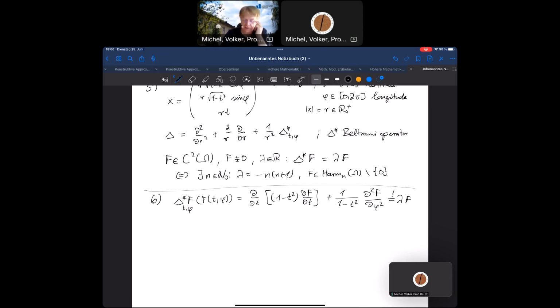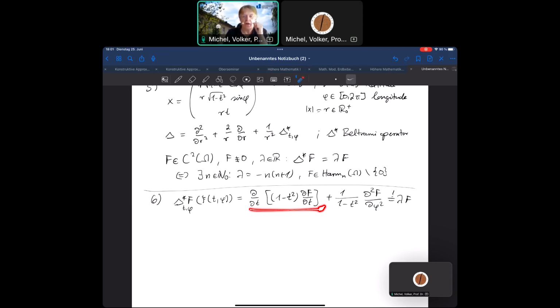Maybe something I could mention about this, because if you look at this operator here, this part which only acts on t, you can apply it certainly also on a 1D function. You can apply it to a function which depends only on one variable. This operator is then called the Legendre operator. You might know maybe the Legendre polynomials, and the Legendre polynomials satisfy a particular differential equation, the so-called Legendre differential equation.